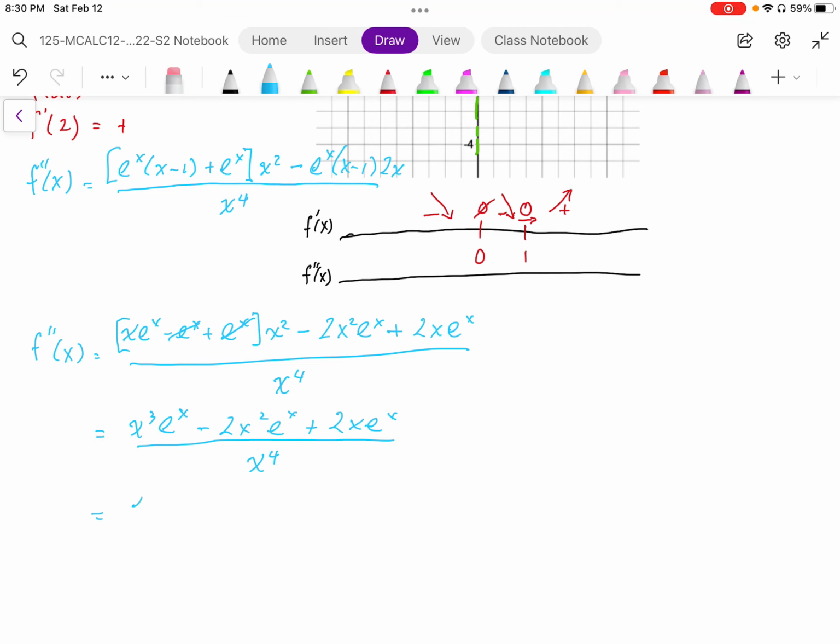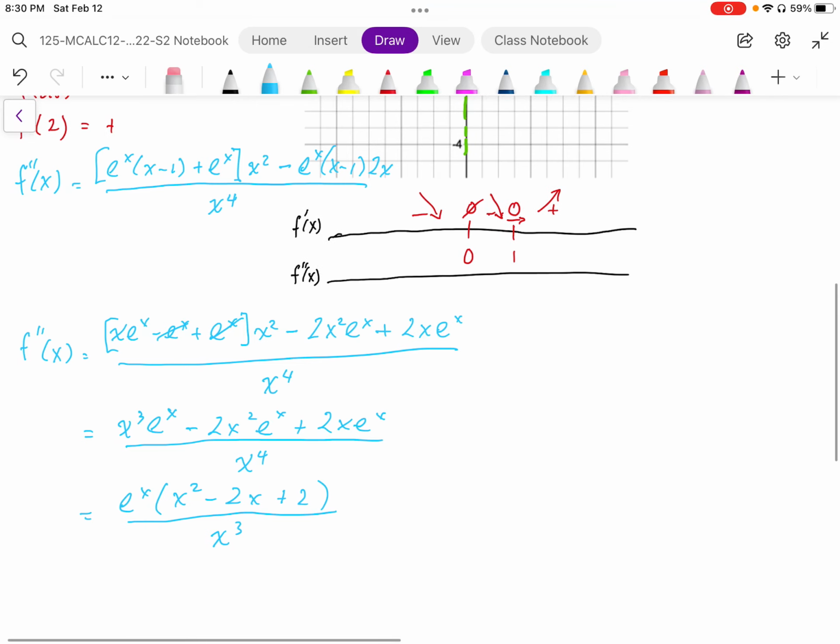So this becomes e to the x bracket x squared minus 2x plus 2, and then that extra x cancels with the denominator, so we end up with x cubed. Okay, so there's my second derivative.